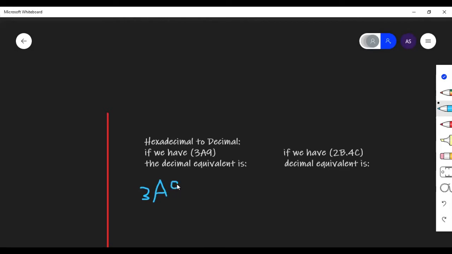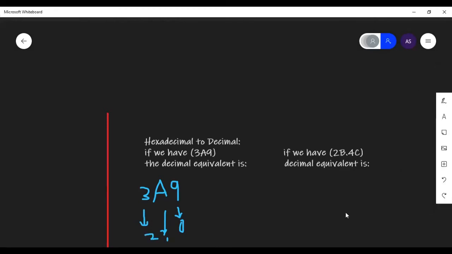So if you have 3A9, this denotes index 0, this denotes index 1, and that denotes index 2. Right now I'm just writing the indexes, nothing else. Now since we know that our base is 16, I will just do the math.